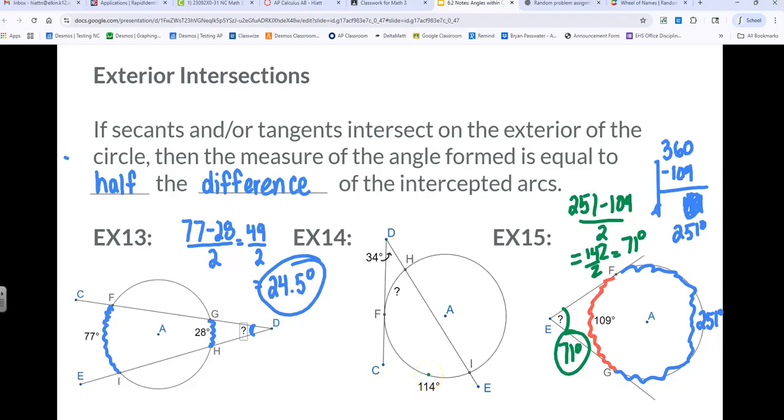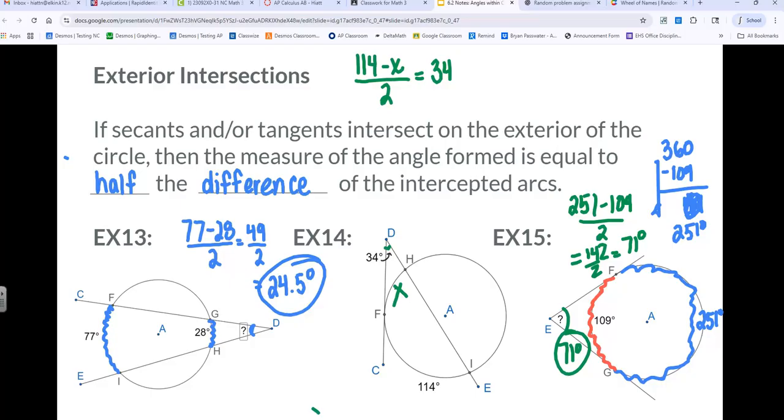I'm kind of stuck. So you're going to have to set up an equation for this. Where it's got that question mark, I'm going to treat that like my x. So if I'm going to solve this, what I should do is 114 minus x divided by 2. And that will give me the answer, which is the angle on the outside, which is 34. So I can't really think of a better way than just setting up an equation for this.